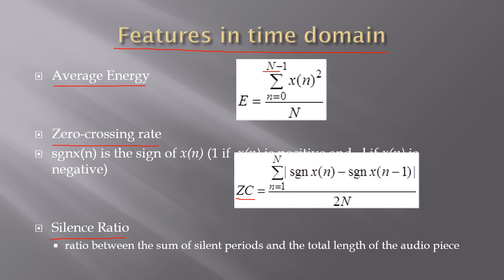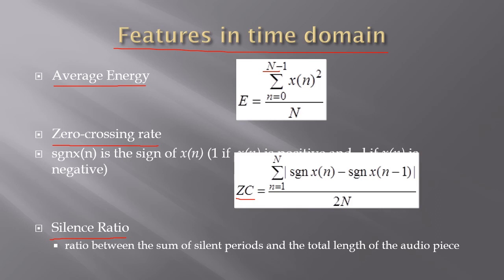So let's take the example from the previous one. We have 8,000 samples from a 1 second voice. If we divide that into 10 frames, it means that each frame consists of 800 samples, right?